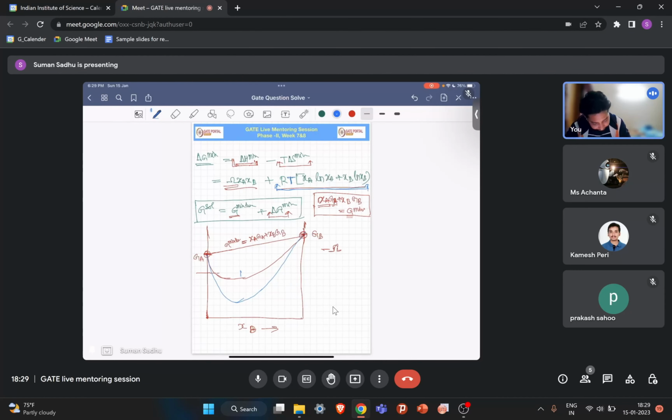So this is your delta H mix, and this is your delta S mix. Your G of solution is basically the summation of this line and these two lines. So your G of solution will be somewhere like this.